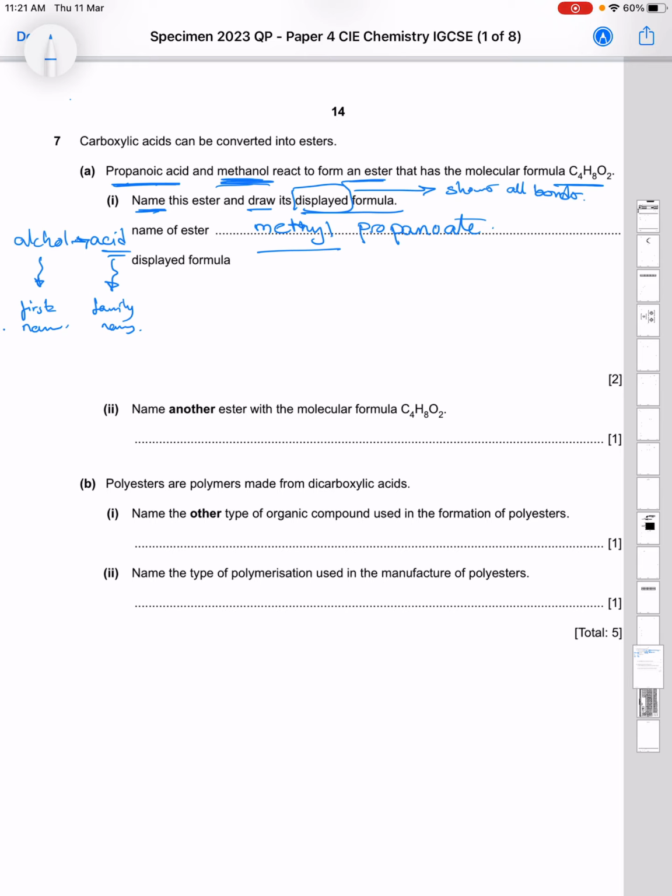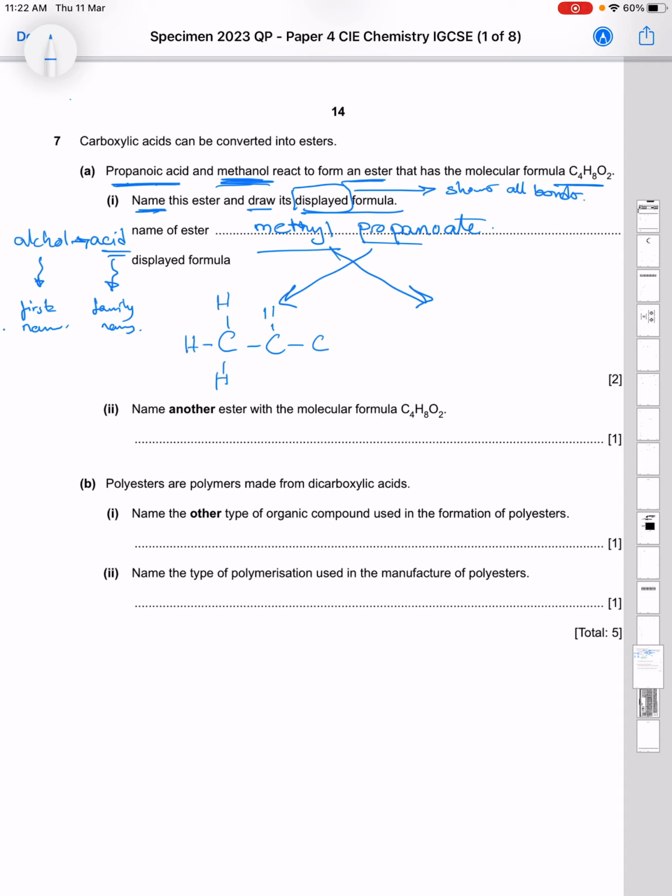Then when it comes to drawing the displayed formula, I do the opposite. I always like to do this cross, and then I draw the opposite. I draw the acid first, then the alcohol. So propanoate means it's the acid that has 3 carbon. So 1, 2, 3. Then I'm going to distribute the hydrogen.